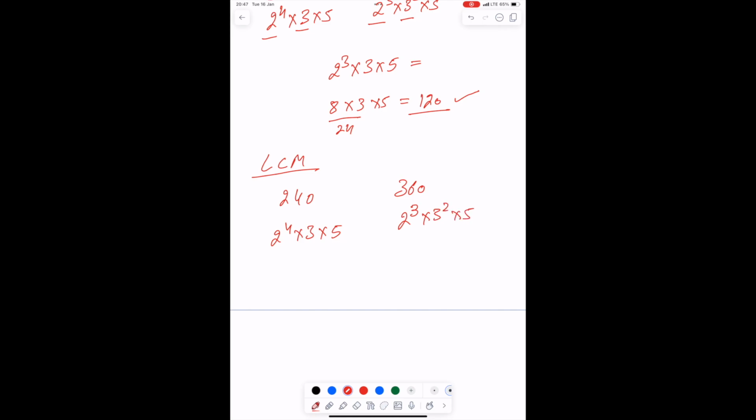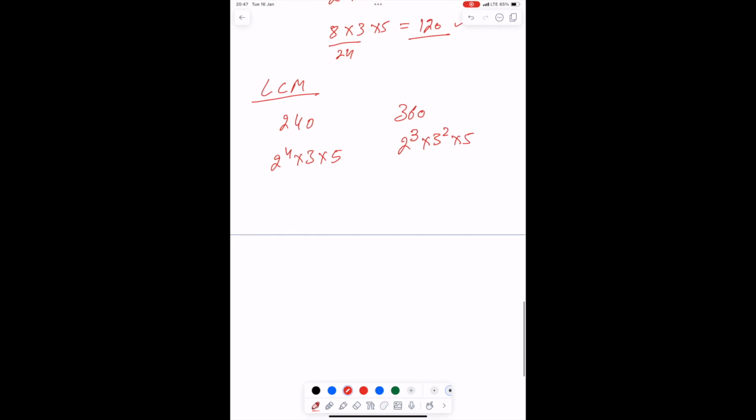In least common multiple, what we do is we take the highest possible values. So from here we pick 2 to the power 4, and which is bigger, 3 or 3 to the power 2? Naturally 3 to the power 2, so we pick 3 to the power 2, and both have 5, so we'll take 5 as common, and this is what we get.